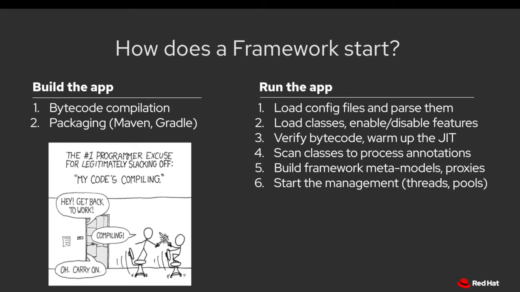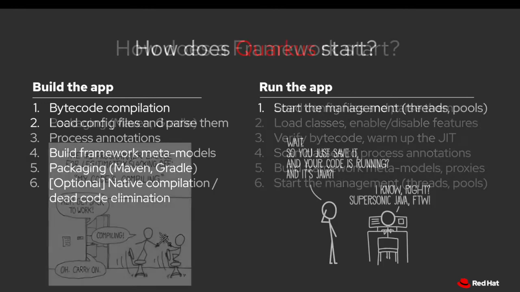First it tries to load your configuration file and enable or disable some features, and also tries to parse annotations and processing descriptors and build the framework meta model and proxies, etc. In the end, you start the actual application with the thread pool. So steps 1 to 5 are not related to the actual application startup.